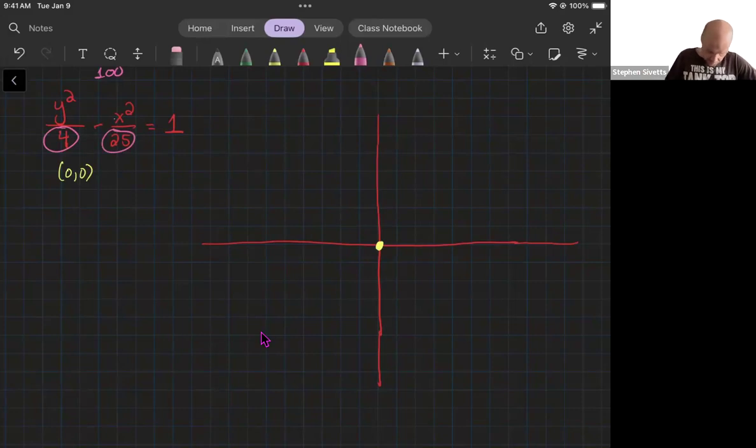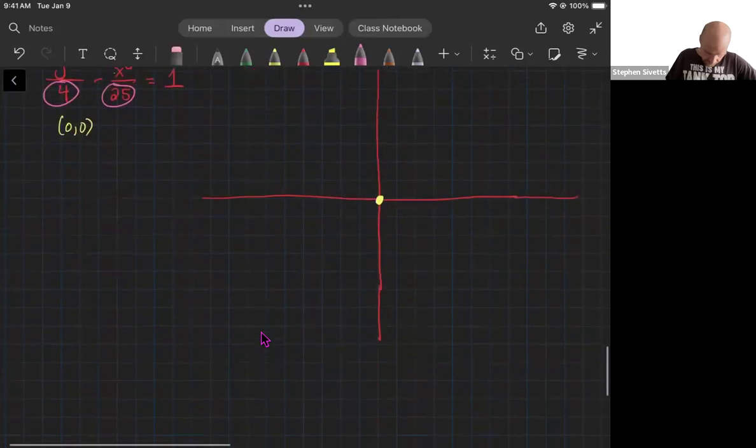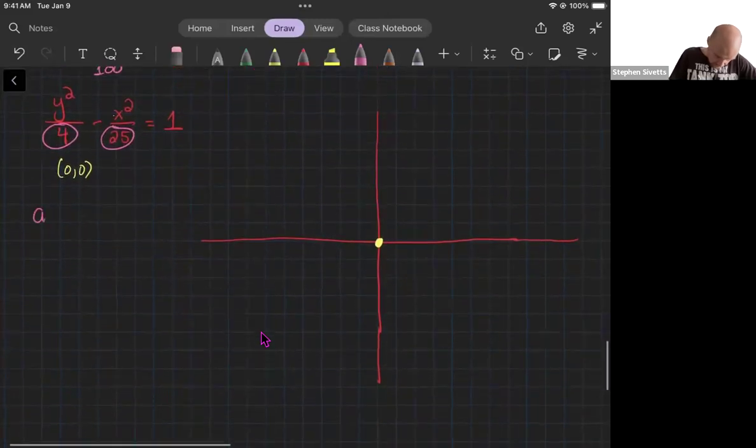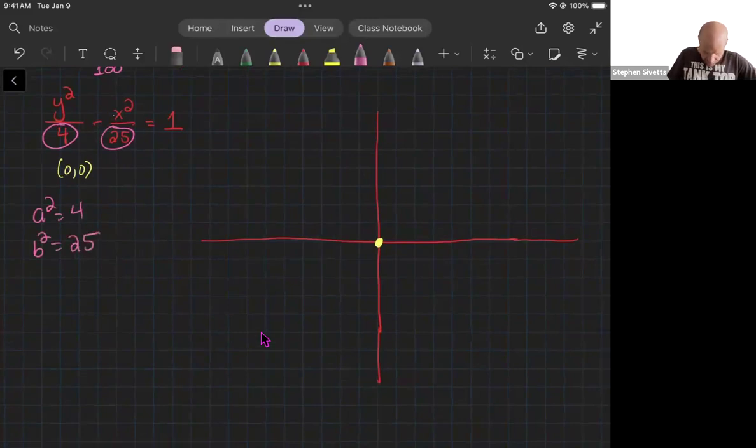In this case, a squared is 4, and b squared is 25. If I square root both sides, I get a is 2 and b is 5.